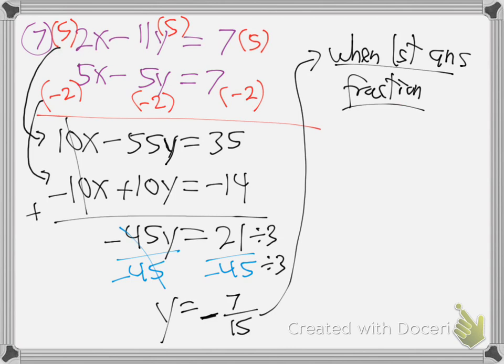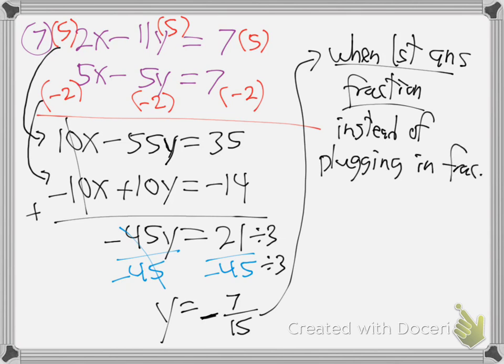But if it's all right, and you're like, no, everything's right, that's really the answer, then what are you going to do? Instead of plugging in a fraction, because that's painful and you got fractions everywhere, there's a way we could avoid the whole fraction thing.